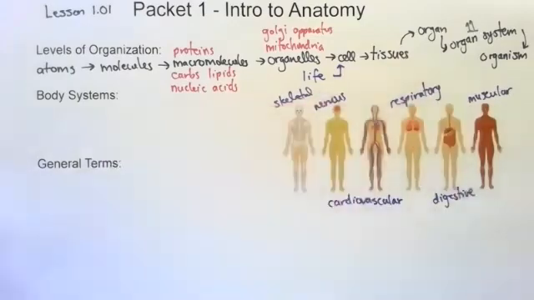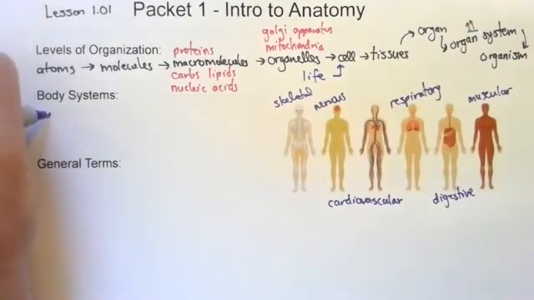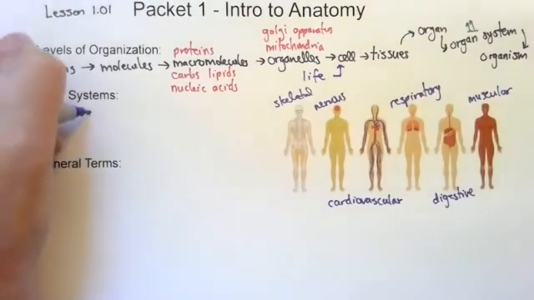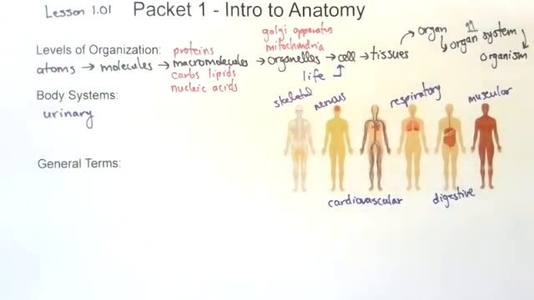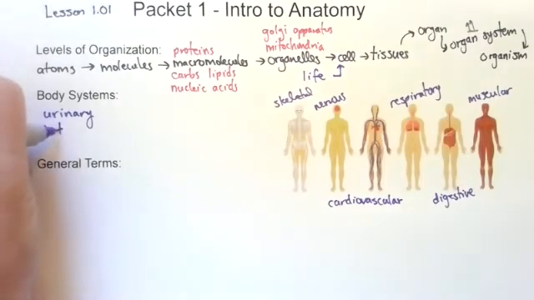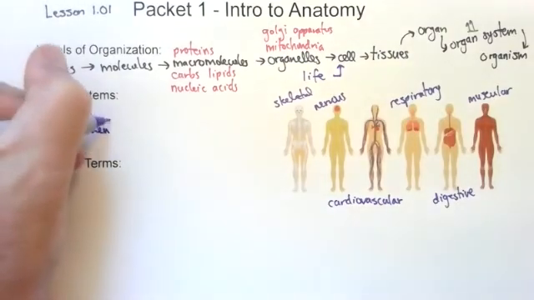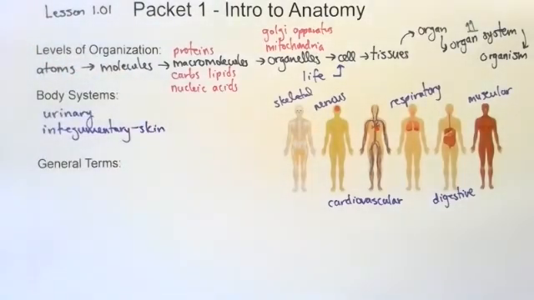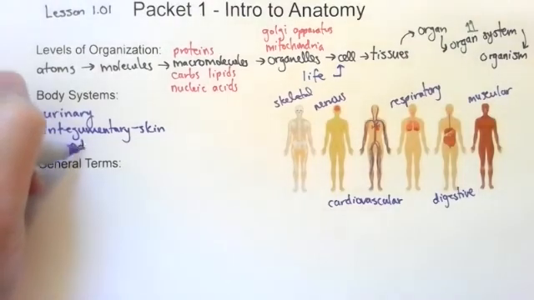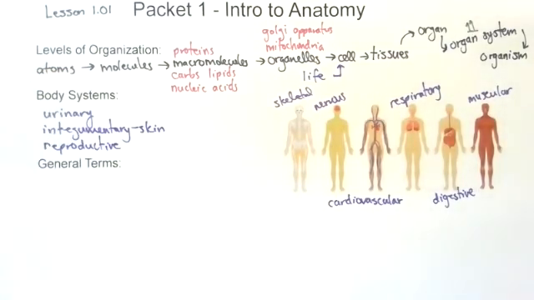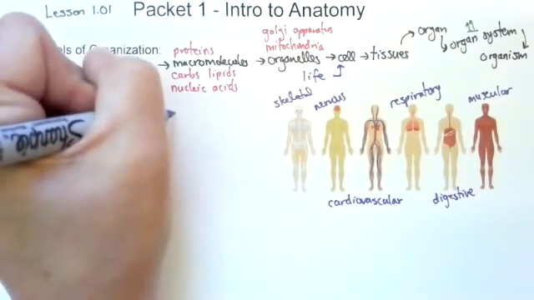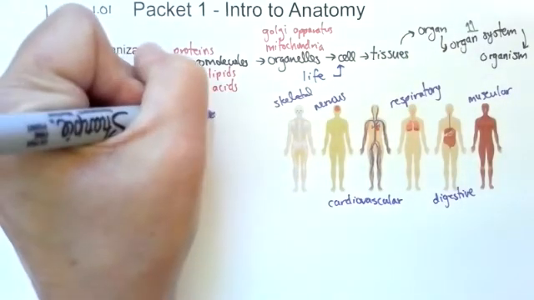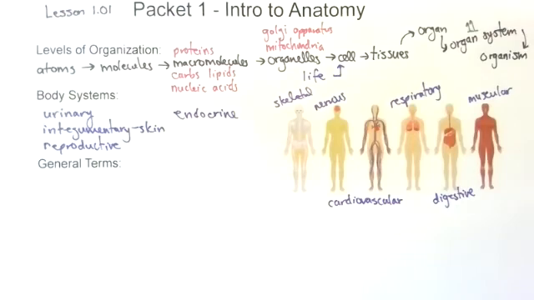It's MUSCU, looks like an E. In addition to these, you also have the urinary. There is the integumentary. That's the skin. There is the reproductive. Endocrine. And the immune system.